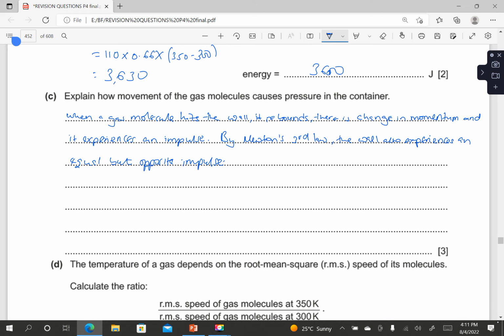So there I have considered only one gas molecule, but note that there are several of these collisions, because there are several molecules.